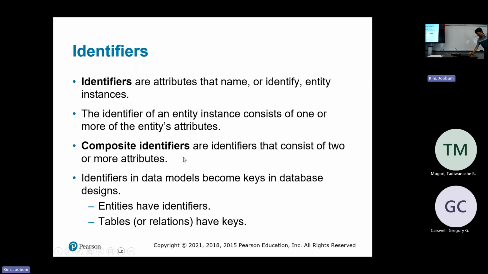Usually simple is the best. If you have one entity, just one identifier is good. But sometimes one identifier is not enough. In that case, we have to use two or more attributes as our identifier. Remember?